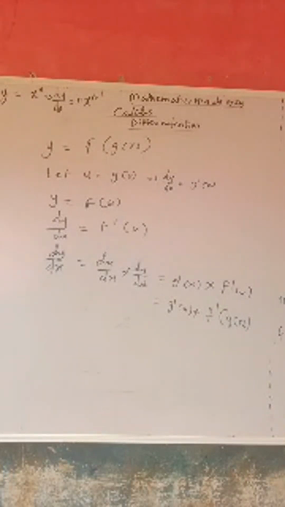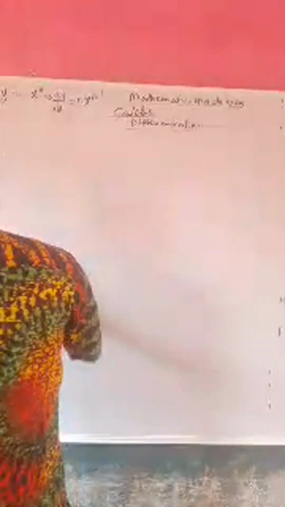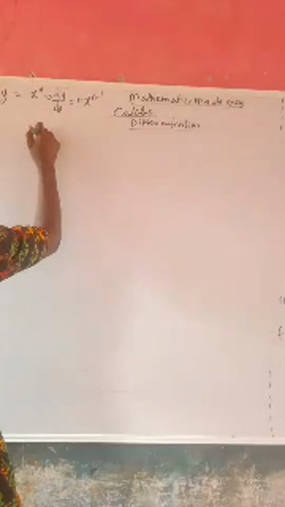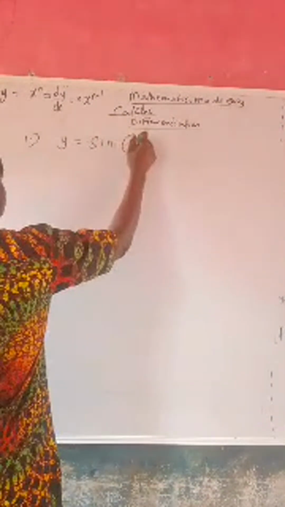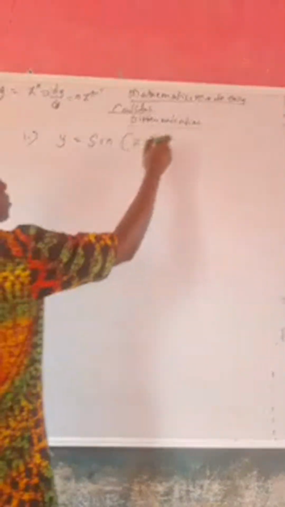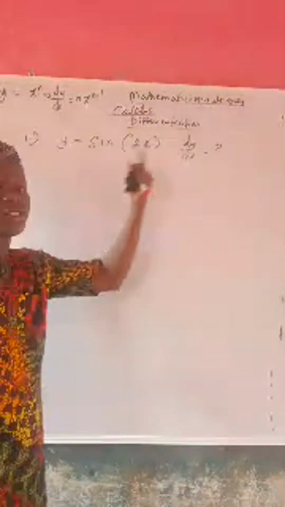Okay guys, now let's do some examples related to this. Example 1: if you have y equals sin 2x, find dy/dx.